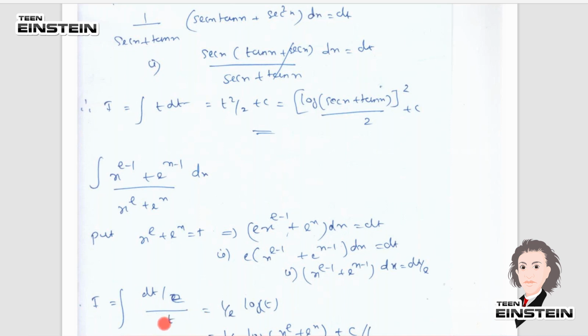Now t can be replaced by x in terms of x. So the final answer is 1 over e log of x to the power e plus e power x plus constant of integration c.